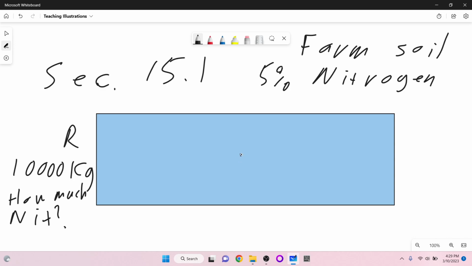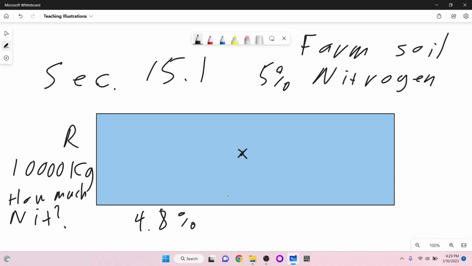So more likely you will pick a single point here and sample it. You'll pull up a tiny bit of soil from here, weigh it, and figure out how much nitrogen is in it. Say we do that and we get 4.8%.